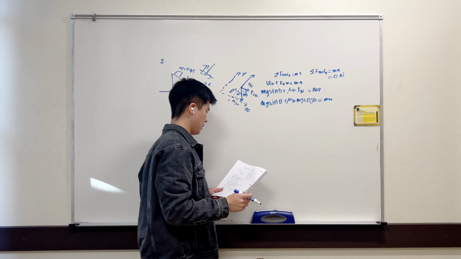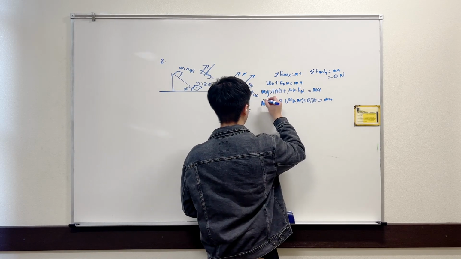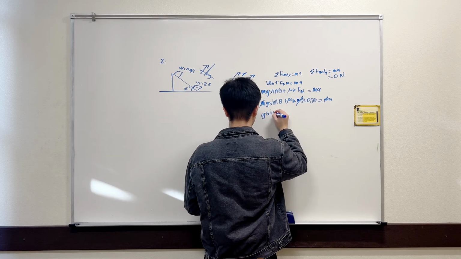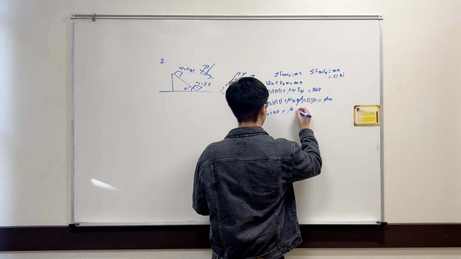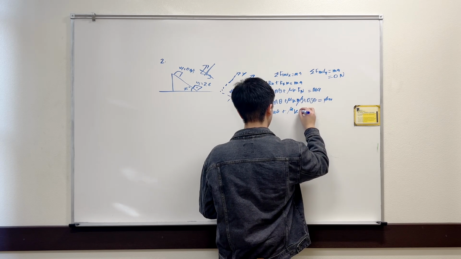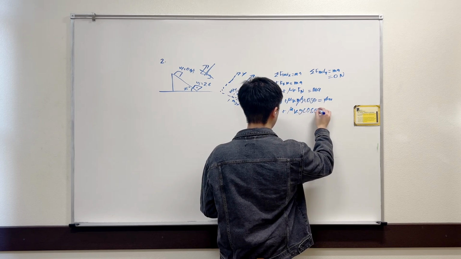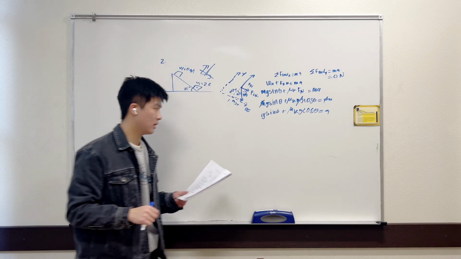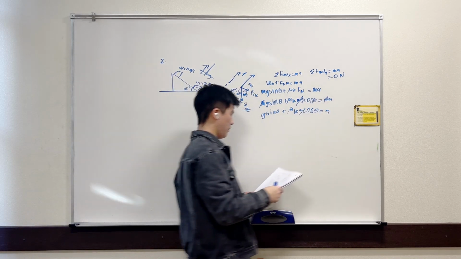Sorry about that mistake I mentioned earlier. You cancel out all the m's, you get g sine theta plus the coefficient of friction mu g cosine theta equals a. And so that's our equation for the acceleration, since we don't have to worry about the y component.